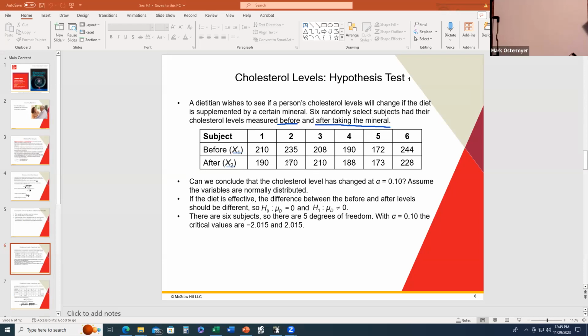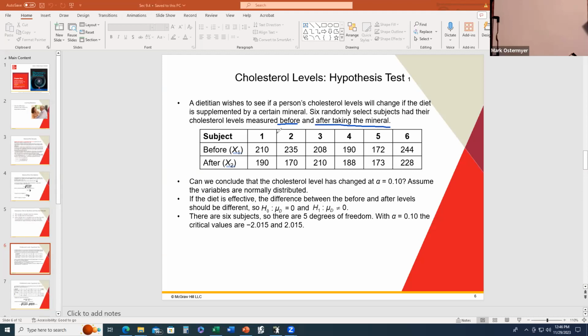So, ladies and gentlemen, since we are using the same person and measuring their cholesterol levels before and after they take this mineral supplement, we keep those observations paired together. And because it's coming from the same person, we call that a dependent matched paired sample.